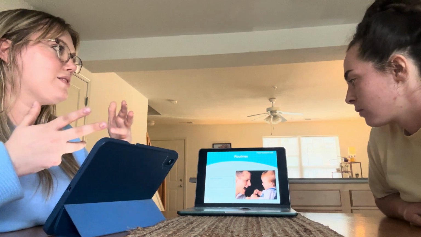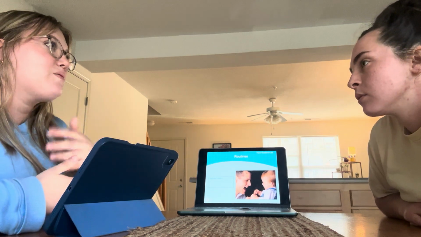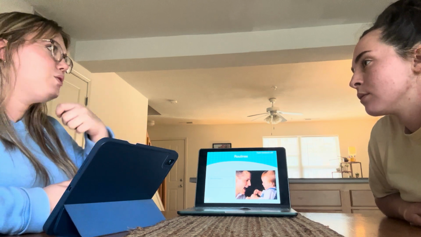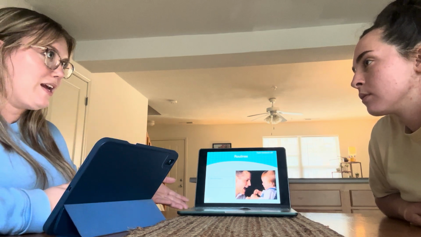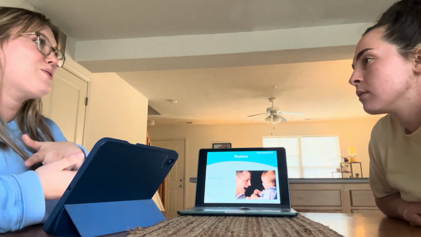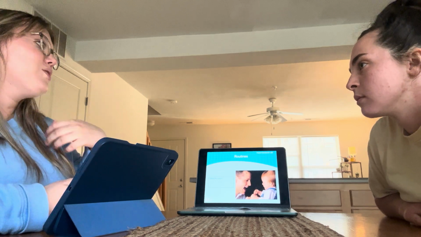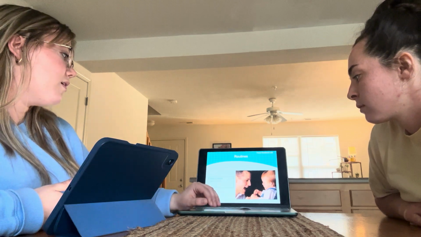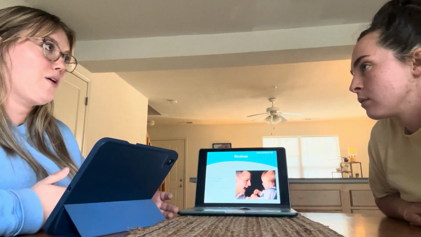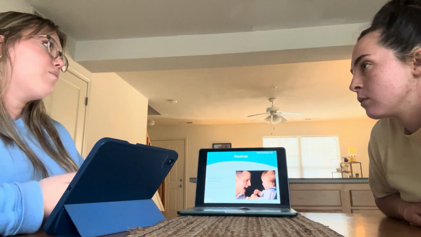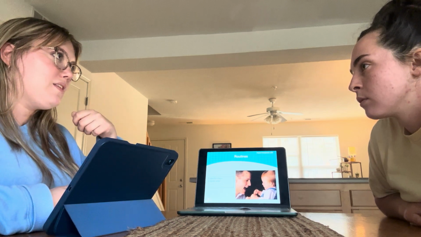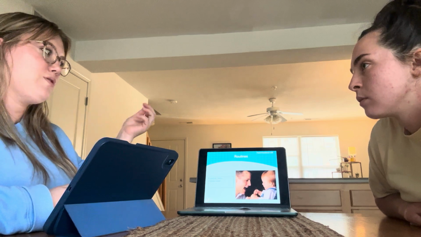So there are a few different rules for routines. We know that routines have specific steps. When I brush my teeth, I don't stick the toothbrush in my mouth before I put the toothpaste on it. I put the toothpaste on my toothbrush and then I brush my teeth. So that's a specific step that we do each and every time. It has to be in the same order. One day I can't put my toothpaste on and start brushing my teeth, and then the next day brush my teeth with no toothpaste.